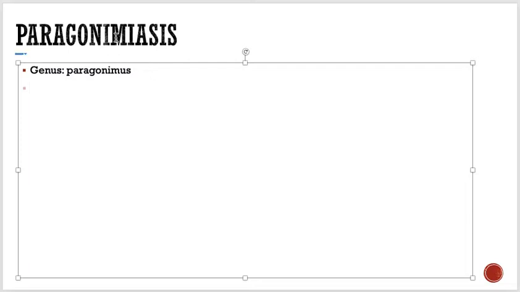So this infection is acquired when the human host accidentally consumes this. So as I told you, this is one of the names of this thing. It is also called the lung fluke.